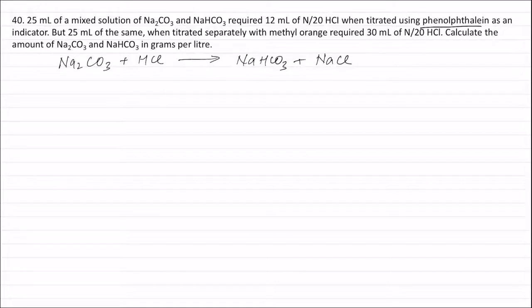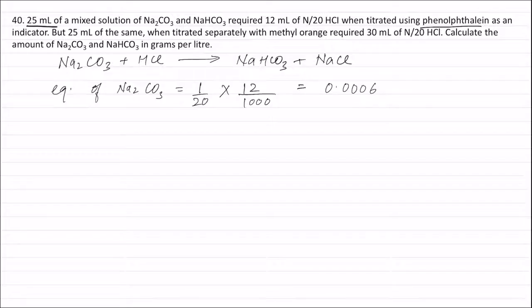Therefore, equivalents of sodium carbonate will be equal to equivalents of HCl, and equivalents of HCl will be equal to normality of HCl, that is 1/20, into volume of HCl in liters, that is 12/1000 liters, and this is equal to 0.0006 equivalents. This is the equivalent of sodium carbonate present in 25 milliliter of solution.